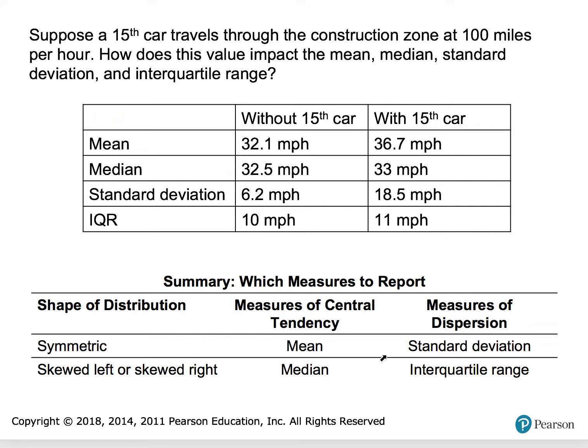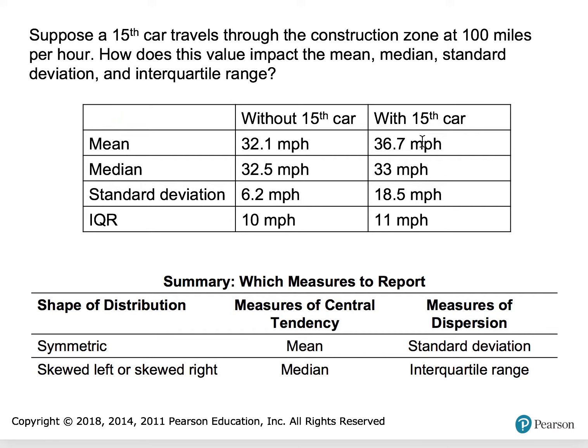Let's suppose a 15th car travels through that construction zone at 100 miles per hour. How does this value impact the mean, median, standard deviation, and interquartile range? We're not going to physically calculate them. We've already got them done for us. Let's just compare. Without that 15th car's 100-mile-an-hour speed, the mean was 32.1, the median, which we calculated, 32.5, standard deviation, interquartile range.